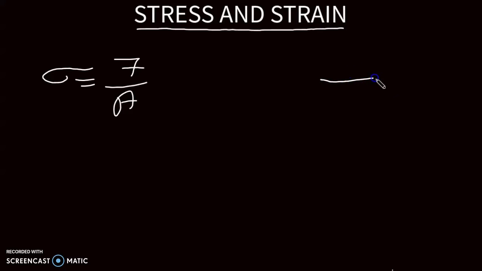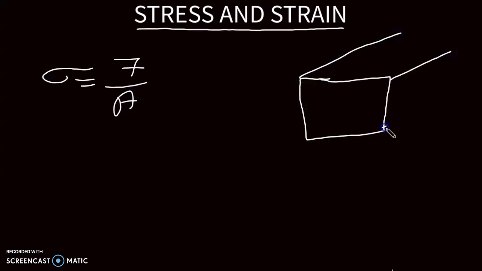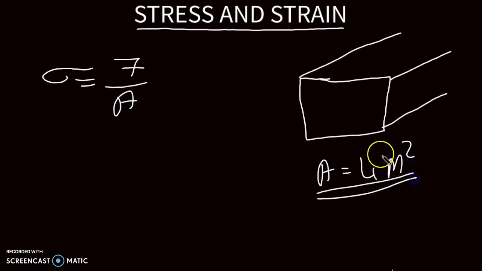Meaning, if we're having an object like this, and we calculate for the area of this object, let's say we get that the area is equal to 4 square meter. This tells us that the object can be divided into 4 sections, each section being a square meter.